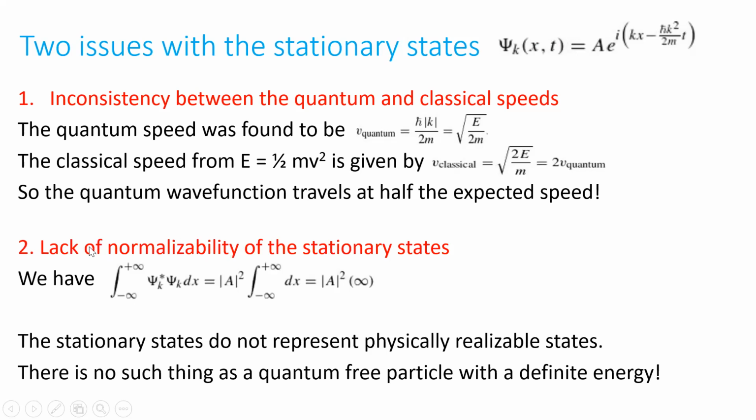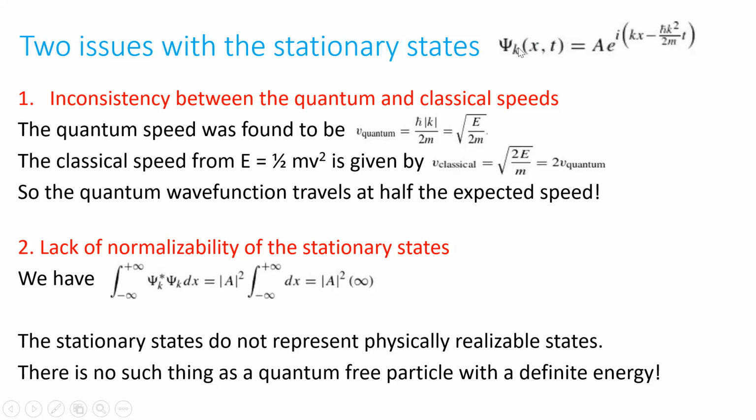The second problem is that we know all wave functions or stationary states have to be normalizable. If we look at this function here and take the normalization integral from minus infinity to infinity, we get the complex conjugate times psi k back again. If we take the complex conjugate, i becomes minus i.